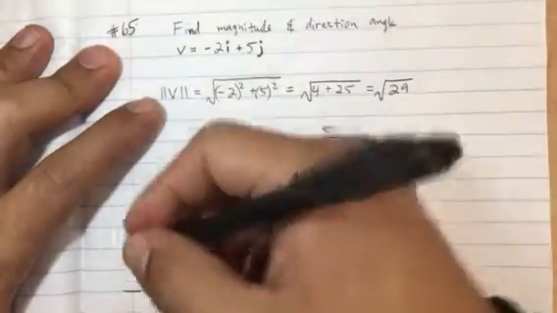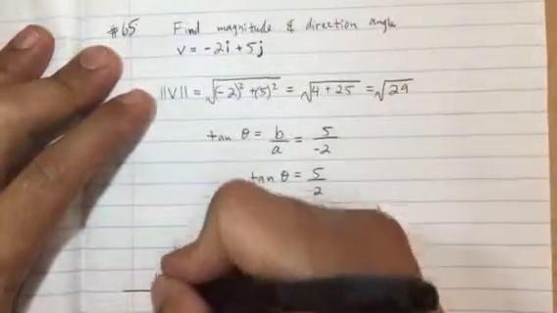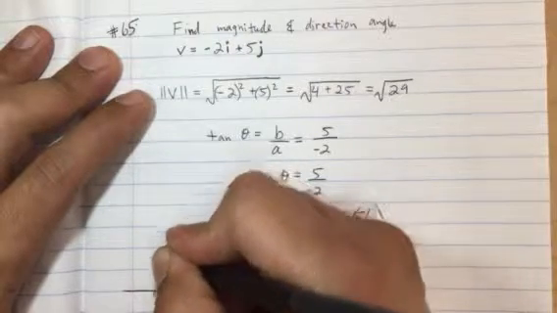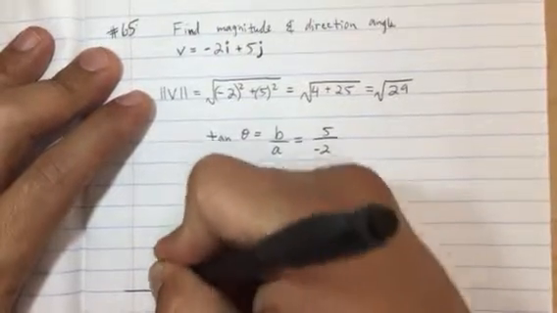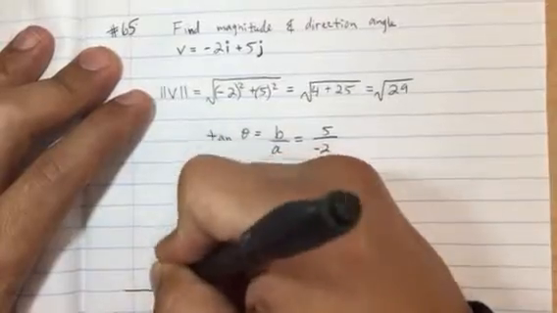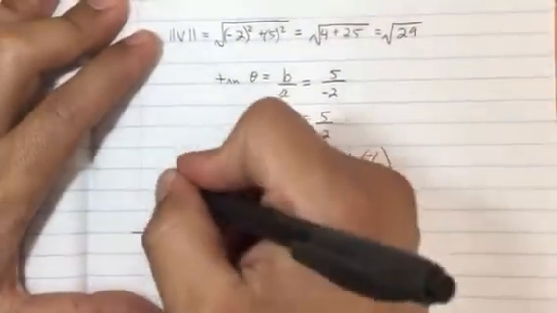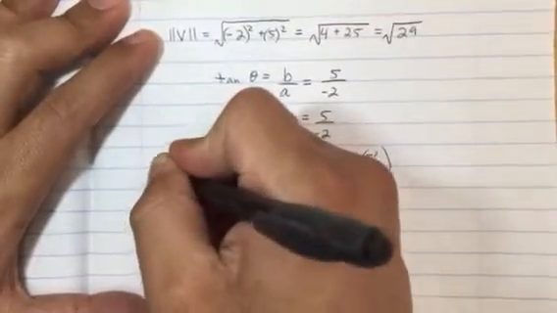So this vector has terminal point -2, 5.